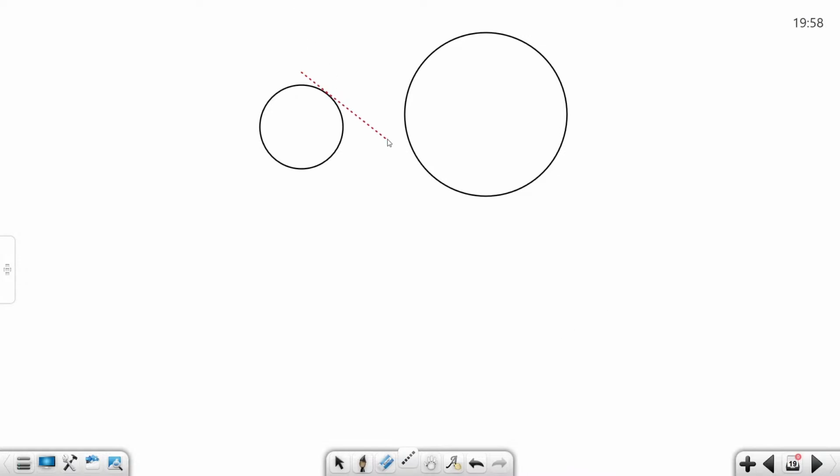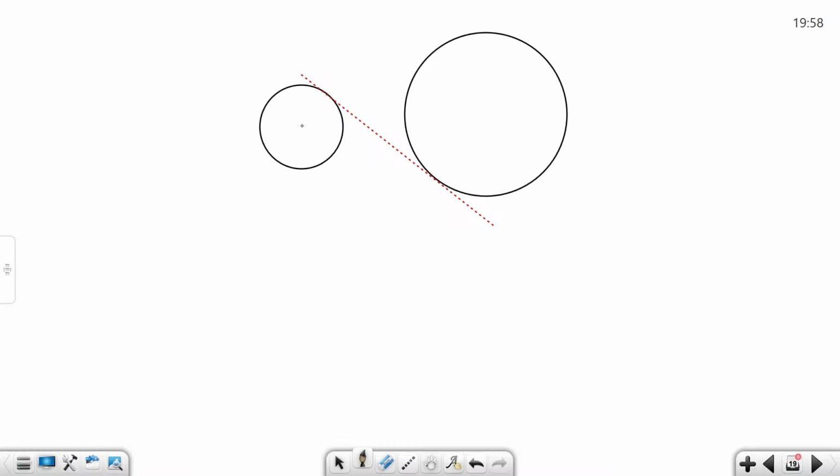So this is the transverse common tangent. Now we will find out the equation of this transverse common tangent. Is it clear? Though there will be two transverse common tangents, I have taken only one because automatically the equations of both tangents will come. Don't worry about it. First you understand the logic.